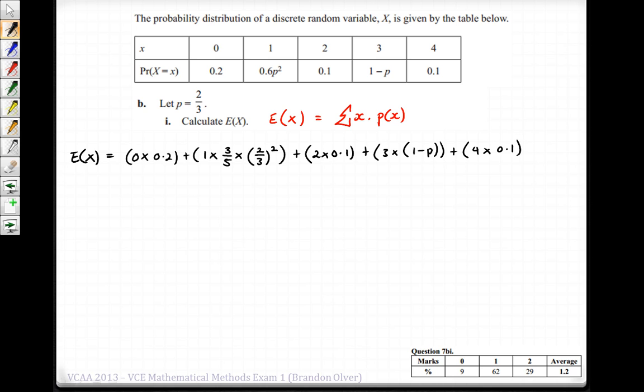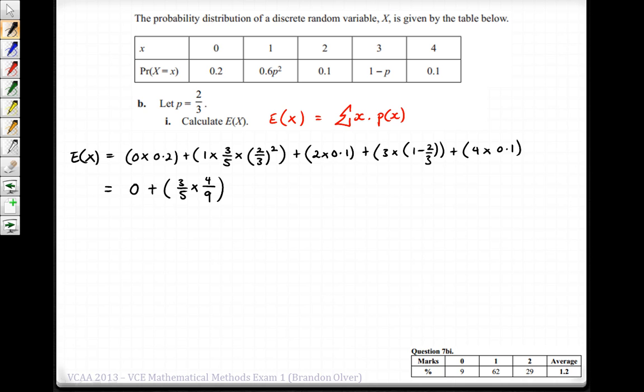So then we've just got to go through and simplify all of this. And sorry, I should have replaced that p. We do in fact have 2/3 in there. So we've just got to simplify this down to get a number out. So the first one, 0 times 0.2 gives me 0, plus, that's going to give me 3 on 5 times 4 on 9, I think.